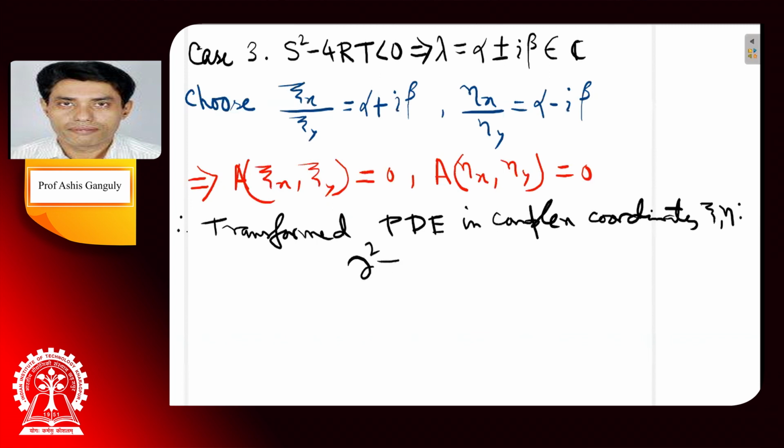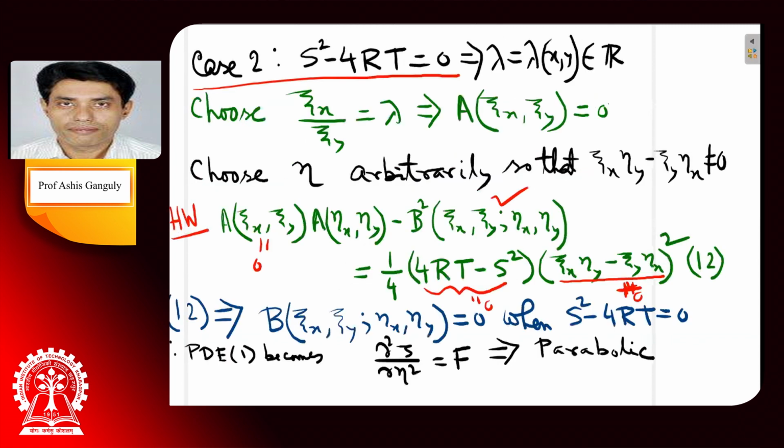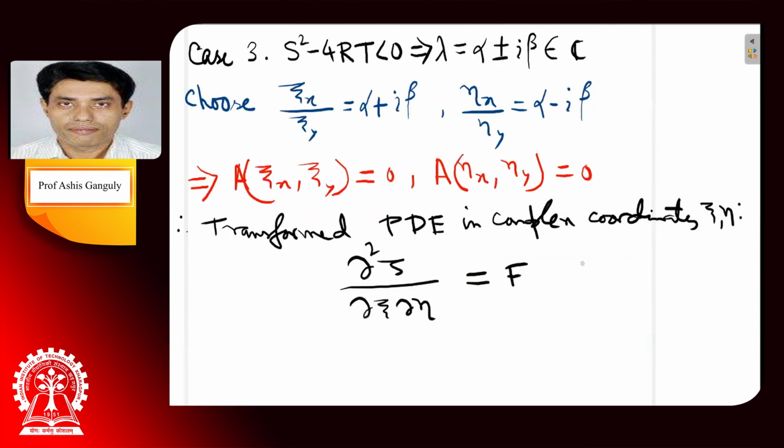Del square zeta, okay, del xi, del eta equal to f. But this is not, of course, hyperbolic, because xi eta are not real here. So let me label this equation as, let's say, 13.